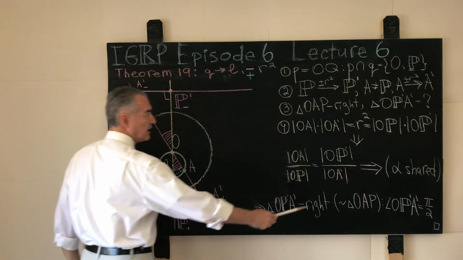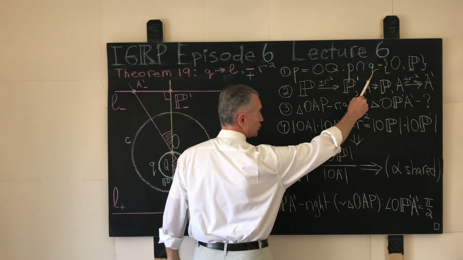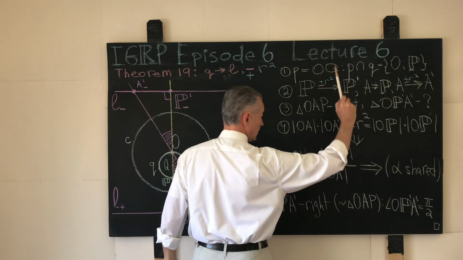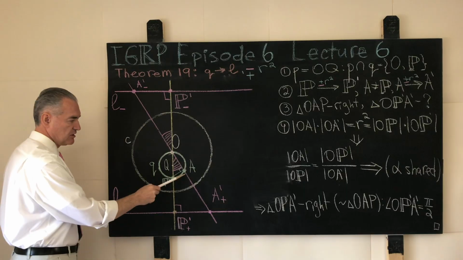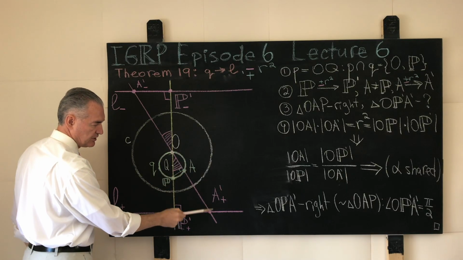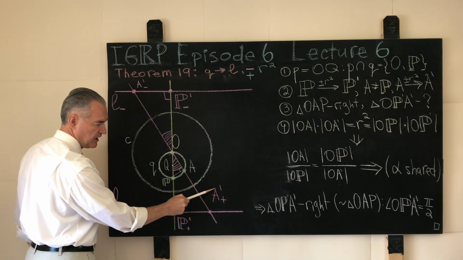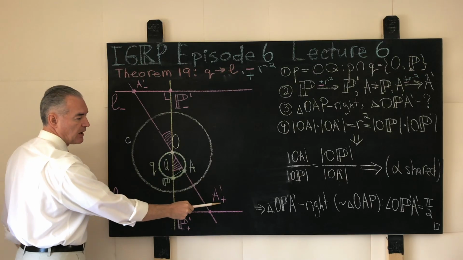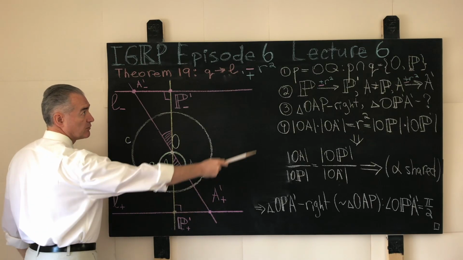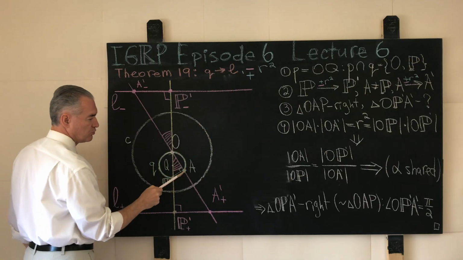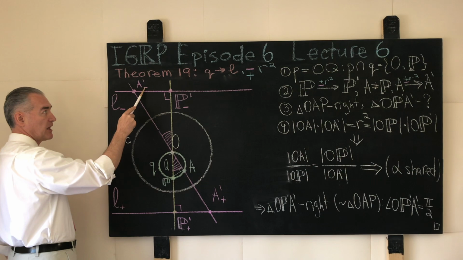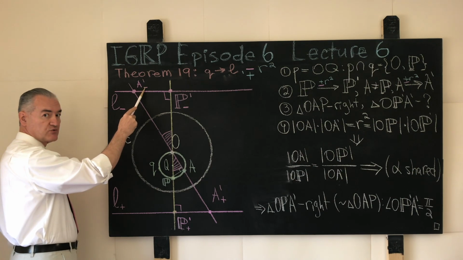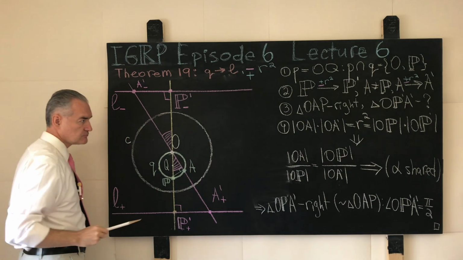Next, we pick any point A on the circle Q distinct from P. We reflect it in the given circle with both powers. In the first case, this point A will be taken into the point A prime plus when the power of inversion is positive. When the power of inversion is negative, our point A will be taken outside of the circle into the point A prime minus because the power of inversion is negative.